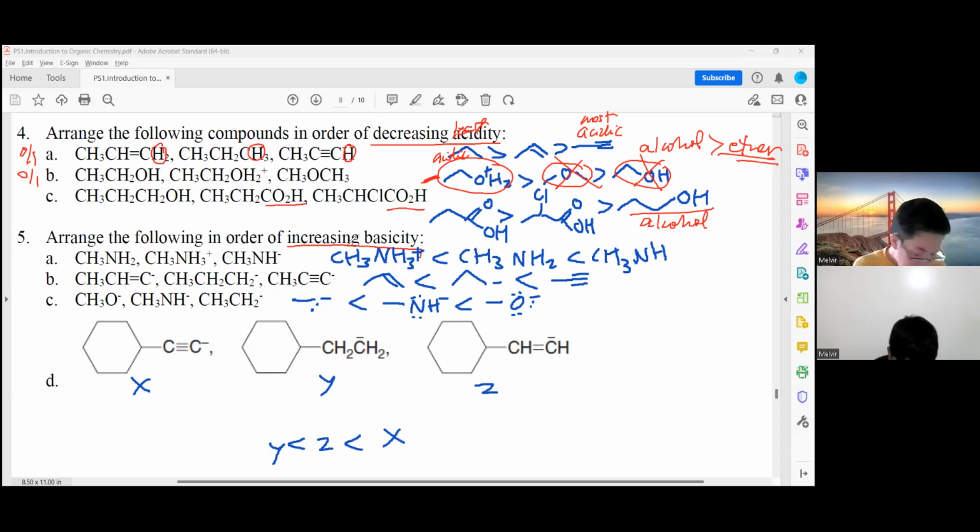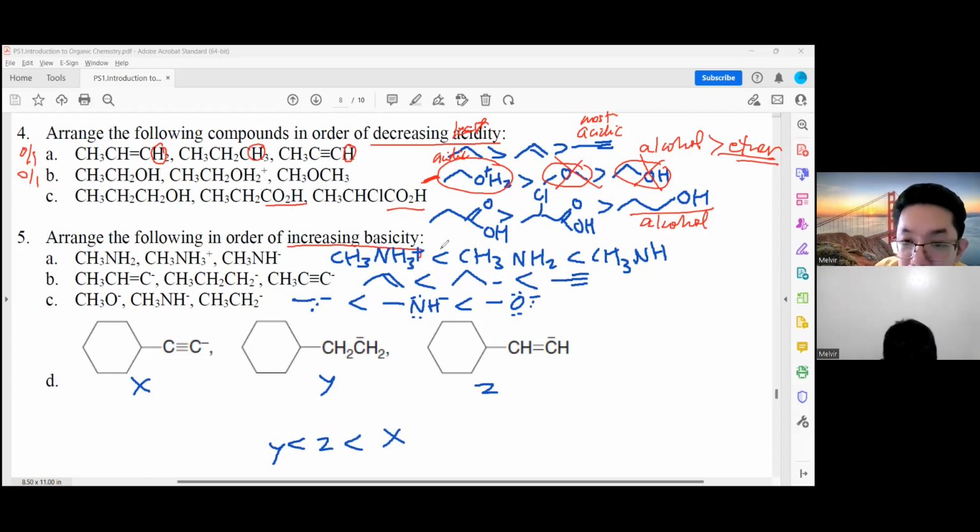Ano yan? Inductive effects din. Mapapull ni chlorine yung electrons. Kapag ganun, Josh, ano mangyayari sa acid mo? Stronger or weaker? Stronger. Kasi kinukuha pala ni chlorine eh. Can you easily give up the hydrogen there?